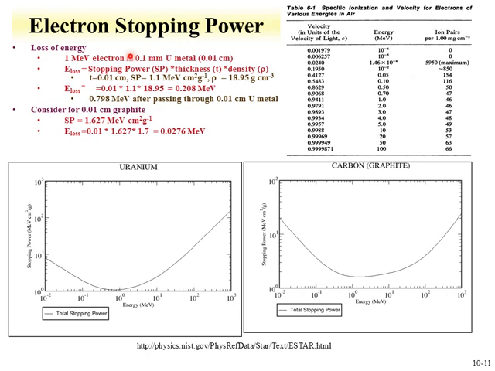So let's get some data for a 1 MeV electron as it travels through 0.1 millimeter of uranium metal. So that thickness is 0.01 centimeters. Remember, we want everything in centimeters. Our equation for energy loss is shown here, which is, again, the stopping power times the thickness in centimeters times the density in grams per centimeters cubed.